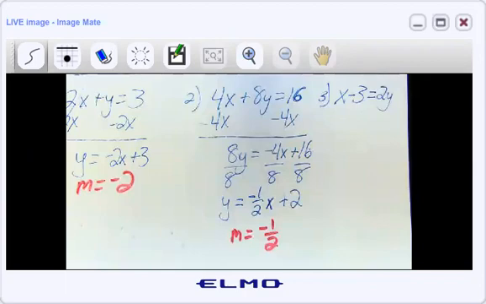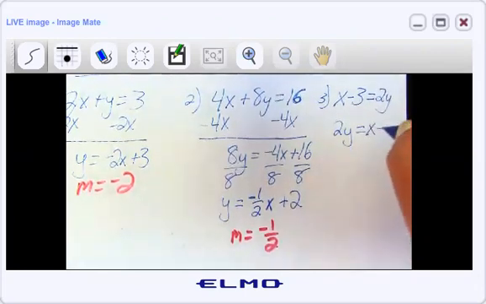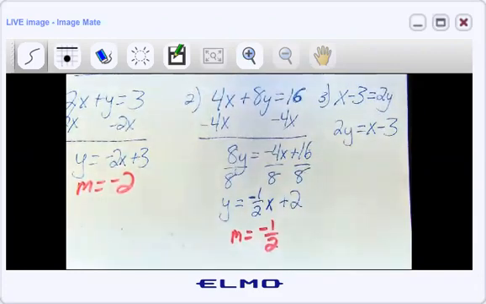That's the symmetric property. That's what lets you take x equals 5 and flip it over to be 5 equals x. It's the same thing. As long as you don't change anything and you just literally flip them, you can totally do this. So watch. I'm just going to flip it over. I'm going to make it 2y equals x minus 3.